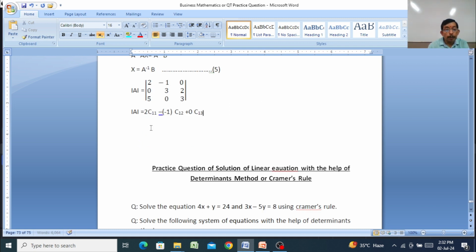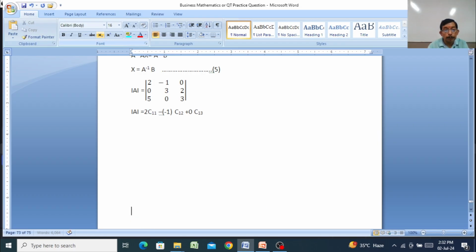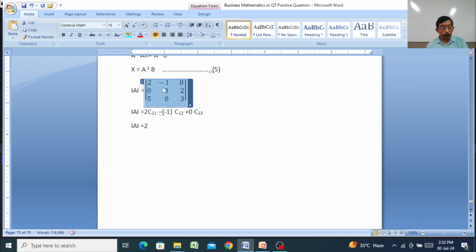Now simplify in the next step. Determinant of A is equal to 2. For the cofactor C11, the first row, first column element is cancelled out, and the remaining elements 3, 2, 0, 3 are written in a 2 by 2 order determinant.